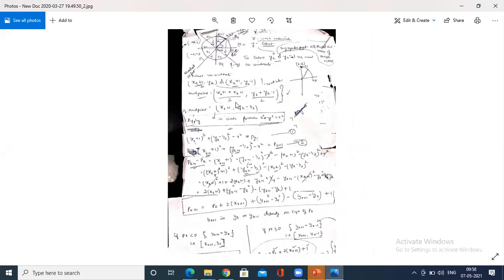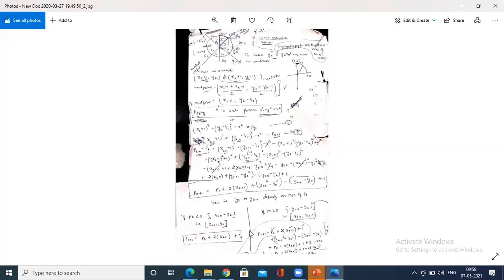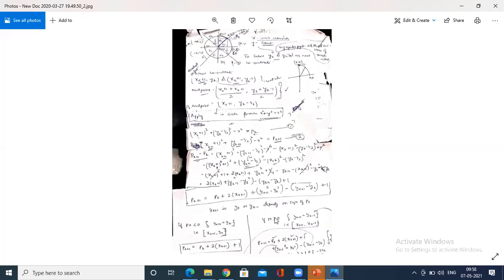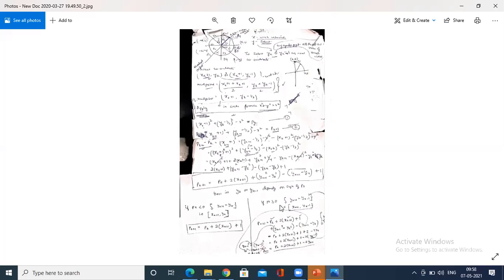So taking a midpoint for taking the decision, finding the midpoint, applying it into the circle formula, and finally deriving the value of P0 and Pk, applying 0 comma r to find the initial decision parameter.